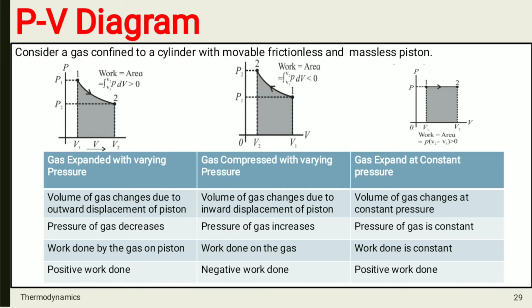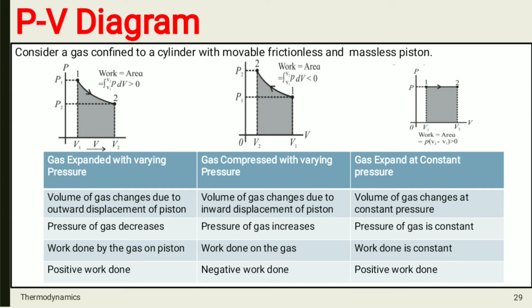In the second figure you can clearly see that the system changes from point 1 to point 2. Here pressure of the gas changes from P1 to P2, that is, pressure increases and volume decreases. From path 1 to 2, volume of gas changes from V1 to V2.